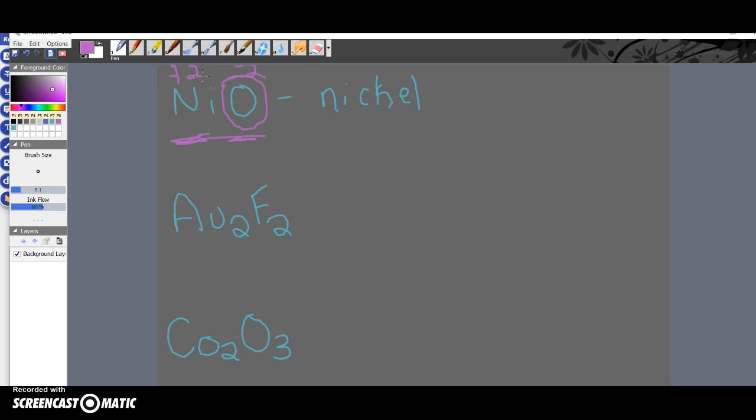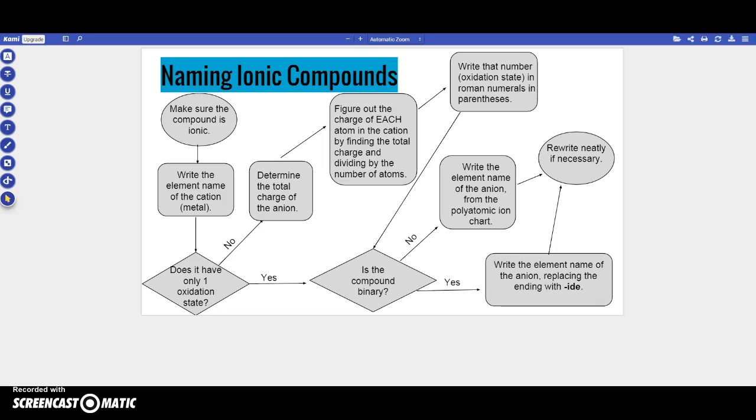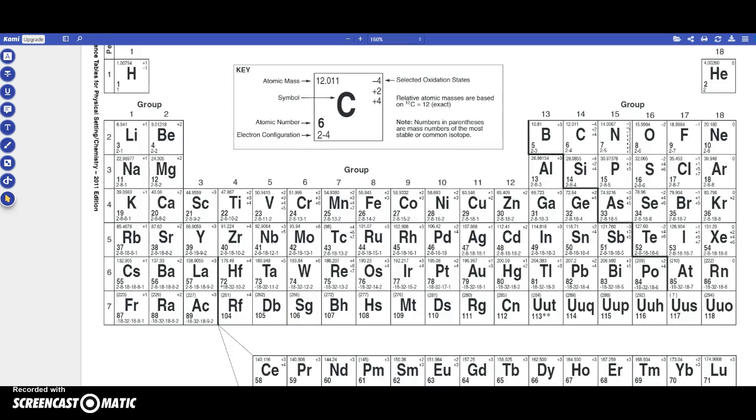Now, if I had multiple atoms here, like Ni2 or Ni3, I would have to divide that charge up between all the atoms, but because there's just one, the division is pretty easy. It's a charge of 2 divided by 1, and that gives us 2. And our flowchart says, write that number, the oxidation state, in Roman numerals in parentheses. So we're going to do that.